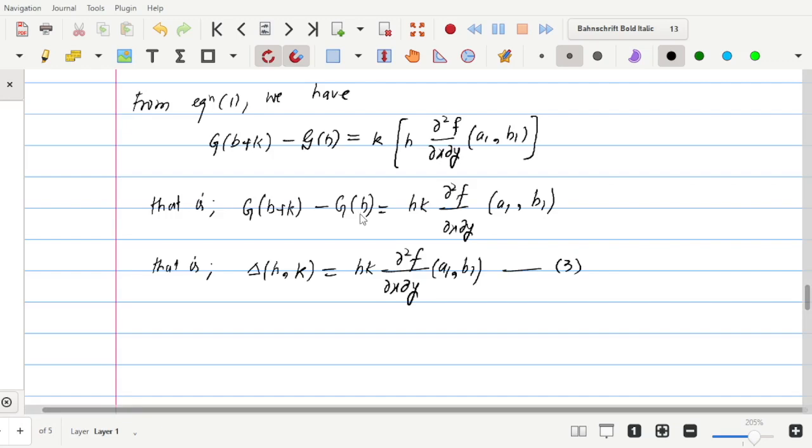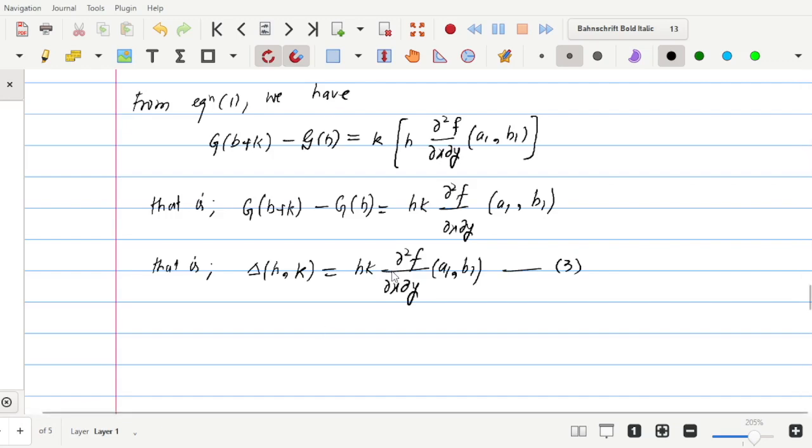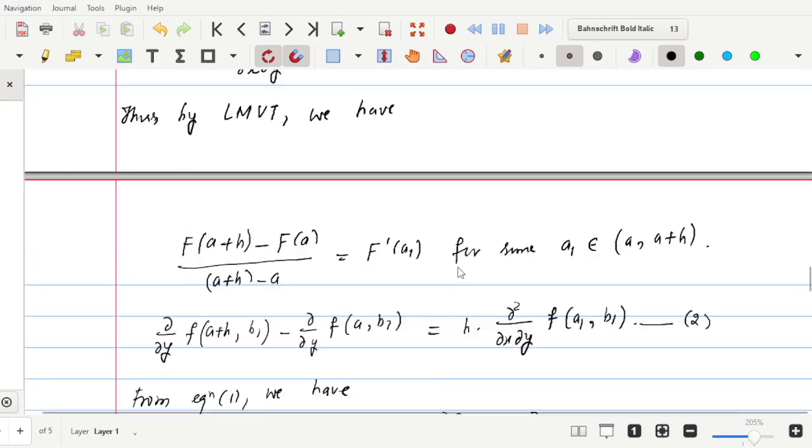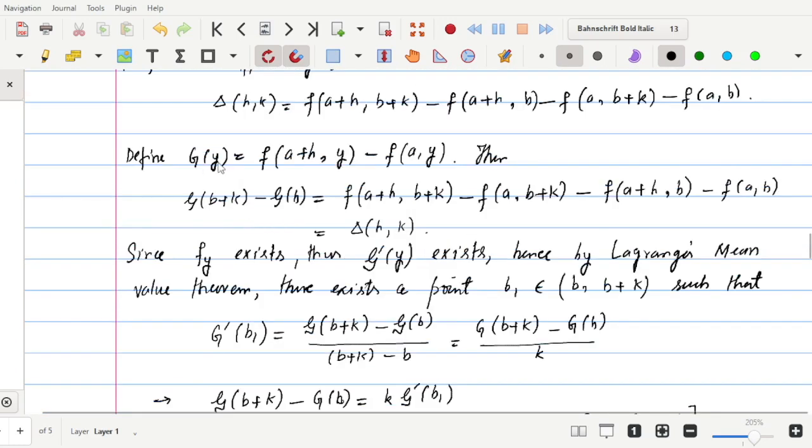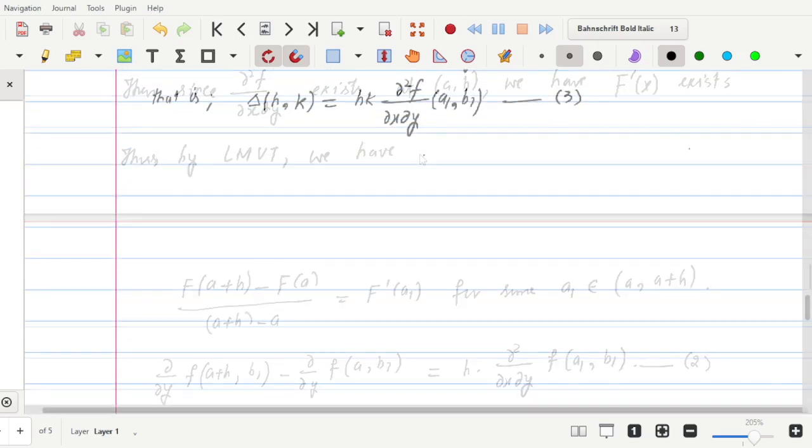Now if we look back into our proof, we have obtained equation number 3 by defining a function g, which was defined as g of y is equal to f of a plus h comma y minus f of a comma y.